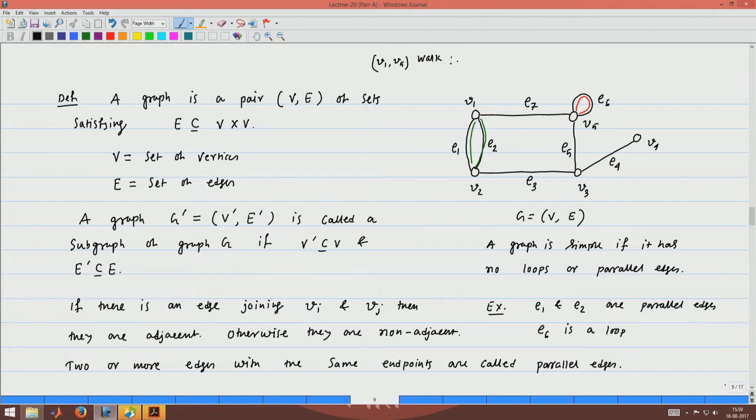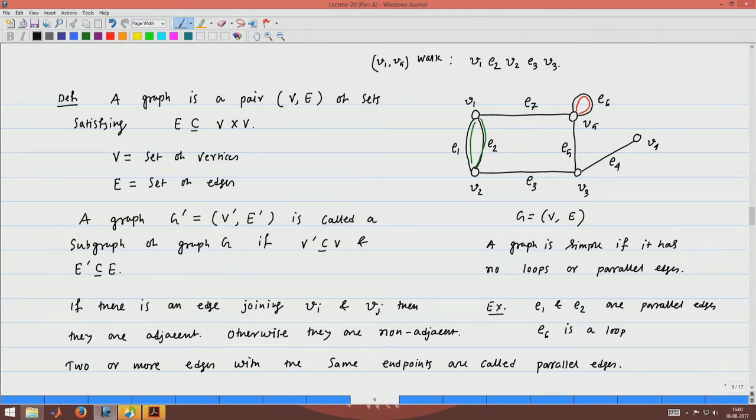You start with V 1 and then go to V 2 with any one edge, say E 2, and then from V 2 you go to V 3 using the edge E 3.